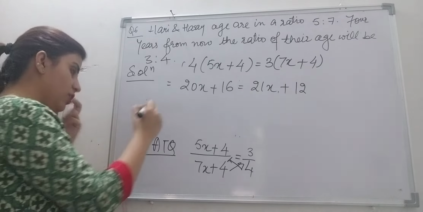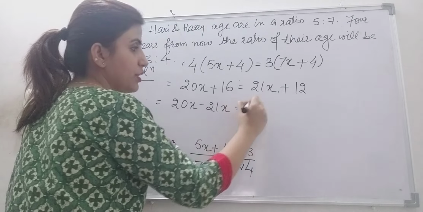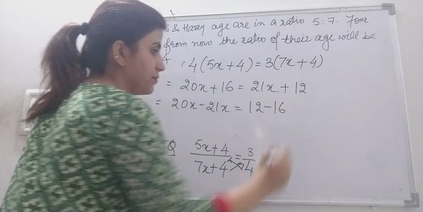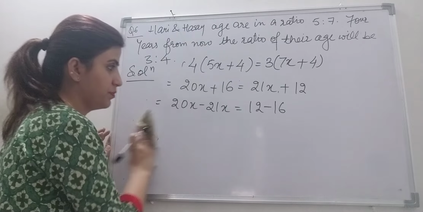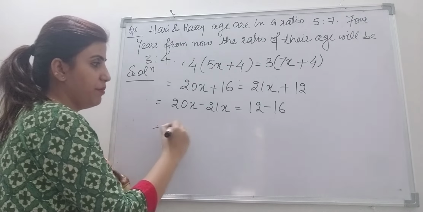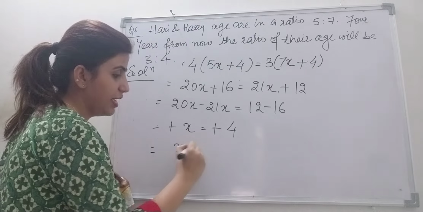Now put the same variable on one side. 20x minus 21x equals 12 minus 16. It gives me minus x equals minus 4. Minus cancels with minus, so x equals 4.